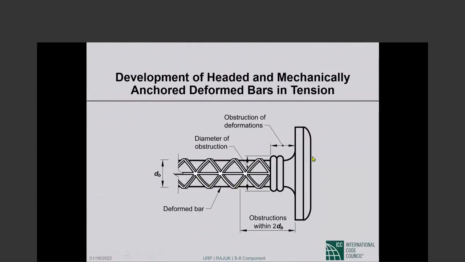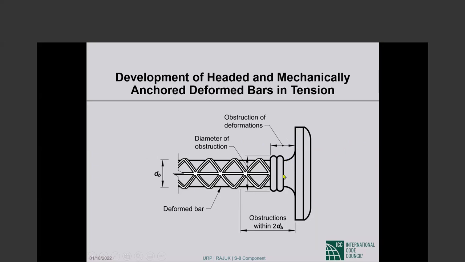So this is a headed bar. This is the bearing face of the head. Okay, this bears on the concrete. The idea of headed bars is that part of the stress is transferred from steel to concrete through bearing of the head on the concrete, and the rest of the stress is transferred by development along the bar.